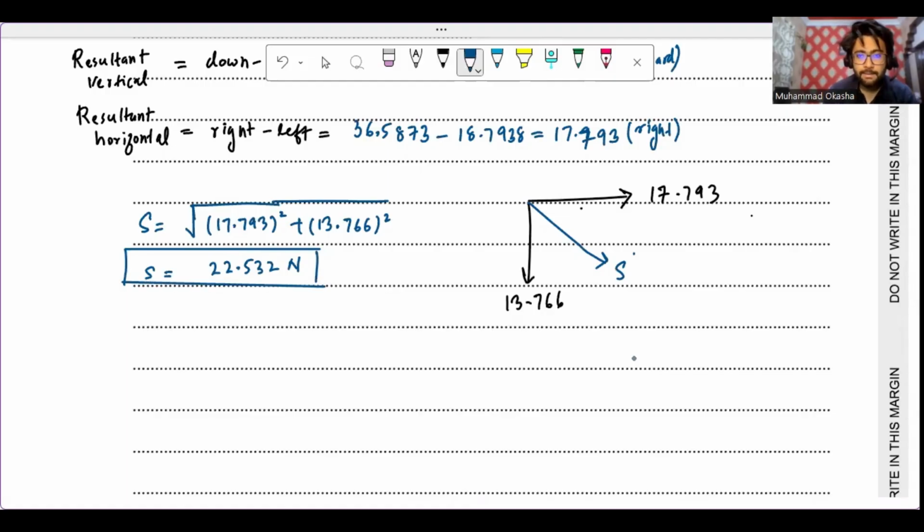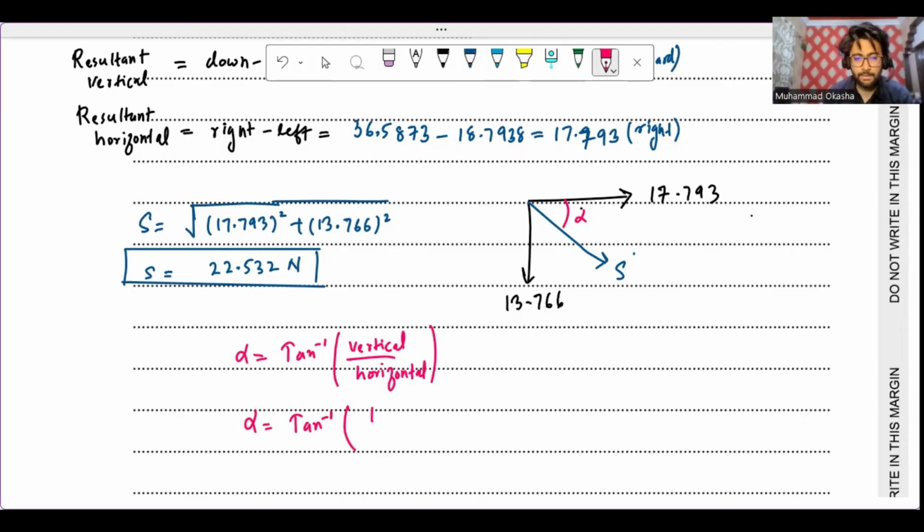The next thing we need to find out is the angle alpha. For alpha, we'll do tangent inverse, vertical divided by horizontal. Vertical is 17.793 divided by horizontal is 13.766.